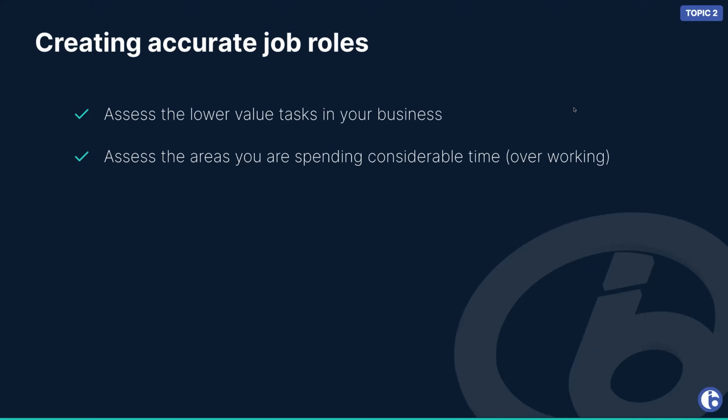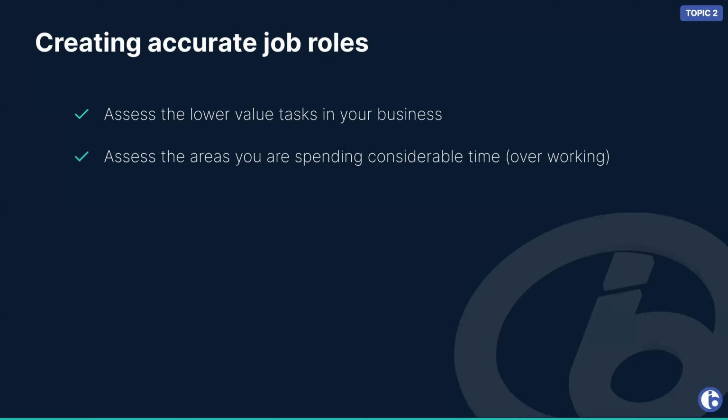So we need to be able to isolate these areas, and we need to have a bit of a vision for the financial health of our business and actually understand, well, if I'm telling myself that I don't have time, is it because my time management isn't as good as it could be? Or is it because I'm spending too much time doing tasks that aren't really worth my time? So tasks like this always need to be done, but that doesn't mean to say that you yourself have to do it. So first thing to do, assess the lower value tasks in your business.